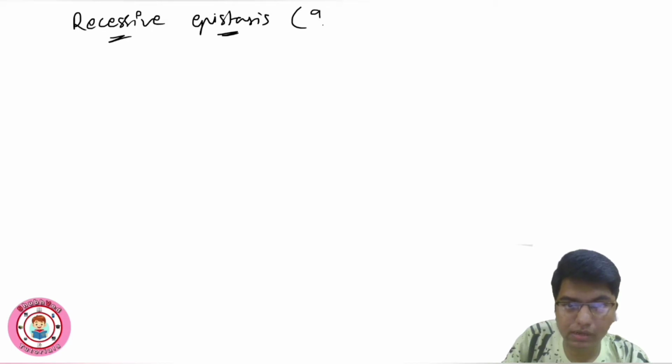Recessive epistasis. In recessive epistasis, what happens? The ratio is 9:3:4.